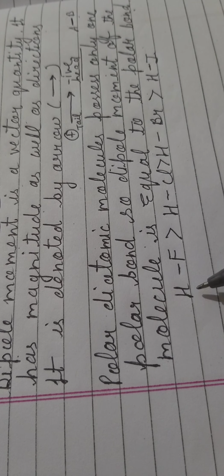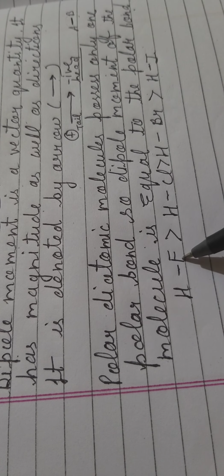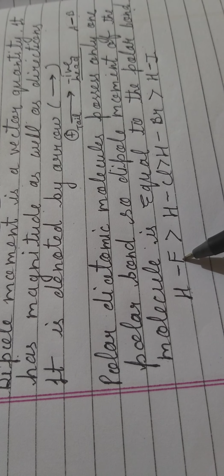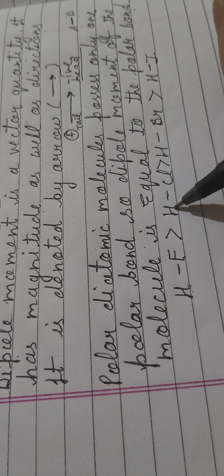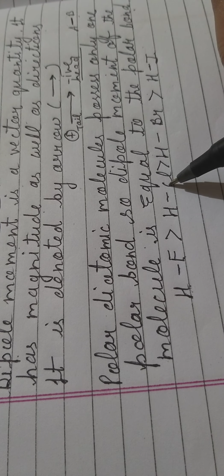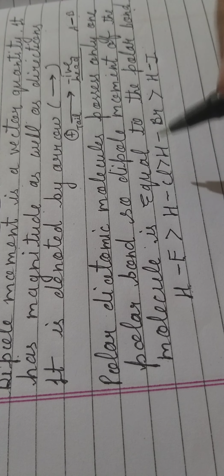Here I have written a few molecules, like HF, hydrogen fluoride. This is a diatomic polar molecule. The electronegativity of fluorine is greater than the electronegativity of hydrogen. HCl is also a polar diatomic molecule.